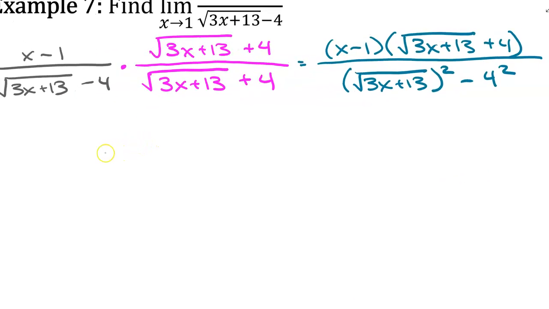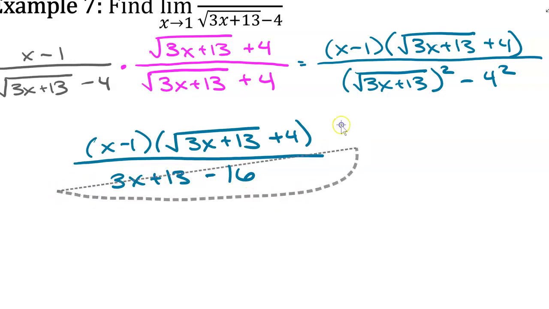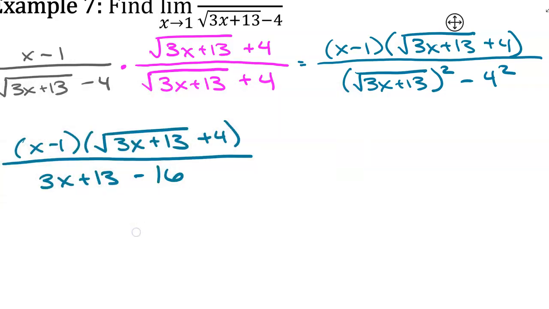And let's see here. So we got x minus 1 times the square root. So that will give me 3x plus 13 minus 16, 3x minus 3, our denominator there, and I can take out a GCF of 3, can't I?